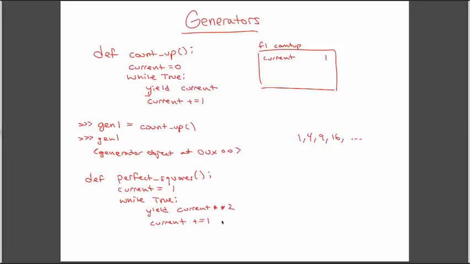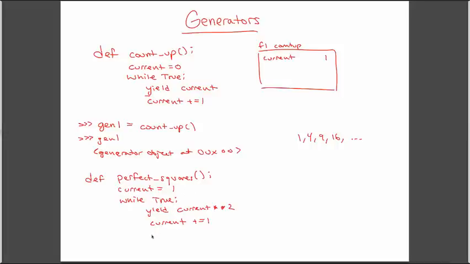A few things about this. One is, this is going to execute forever. If I didn't want this to execute forever, I could do one of two things. I could have some condition in here that checks whether or not current is equal to a stop value. Say I only wanted the first 10 currents.